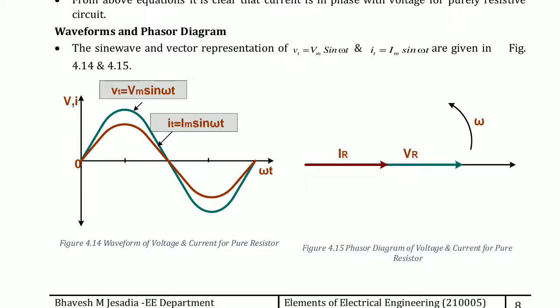The current i is equal to Im sin omega t. It starts at the same point as the voltage, that means the same degrees or same time.